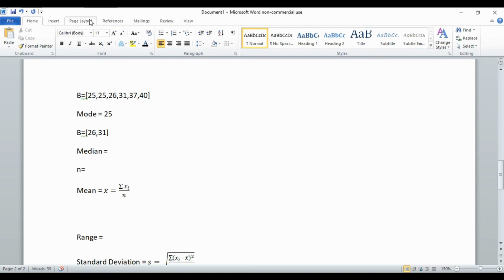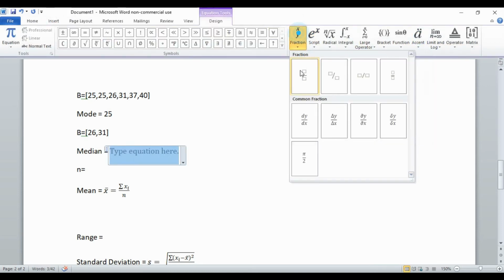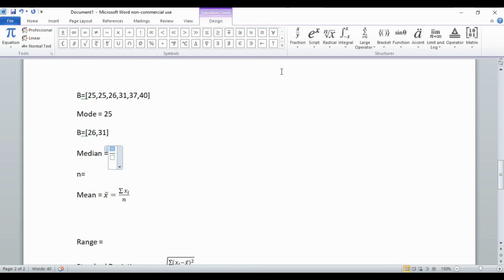So the median is now the average of those two numbers. So 26 plus 31 divided by 2. 26 plus 31 is 57, and then divided by 2.